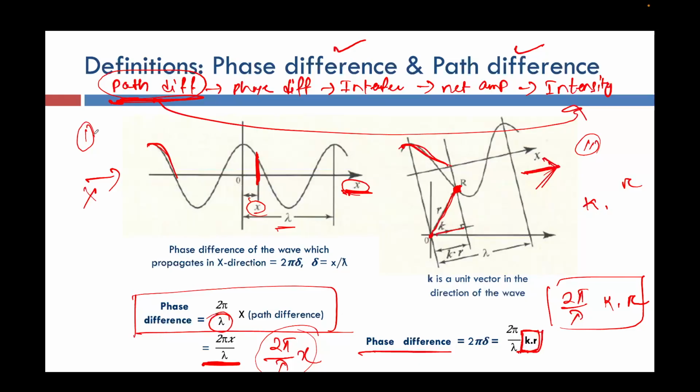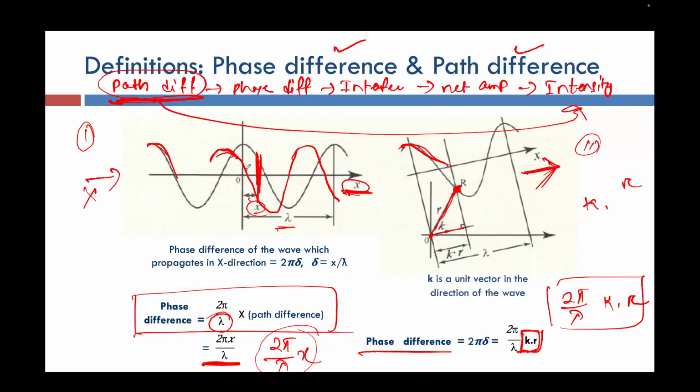That need not be the path difference. If I am talking about this curve, currently it is a sinusoidal curve, so in that sense we can say what the path difference is between a crest and a trough.